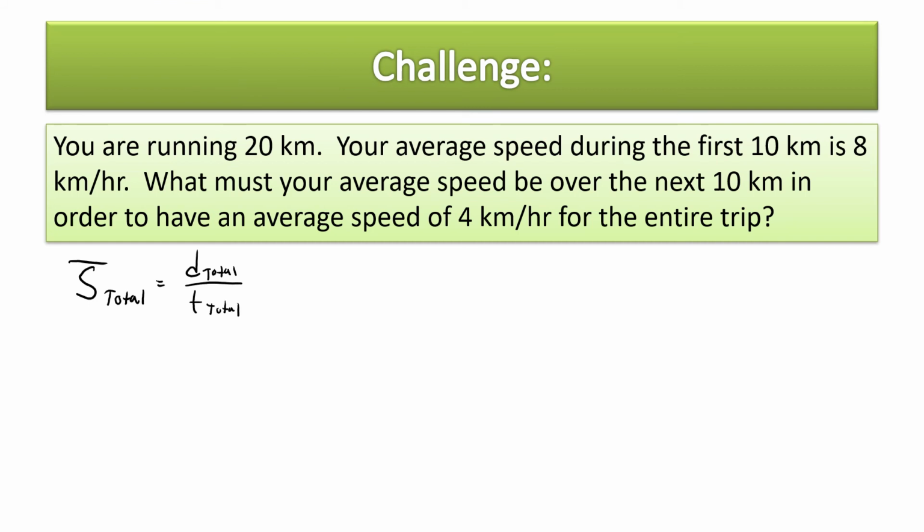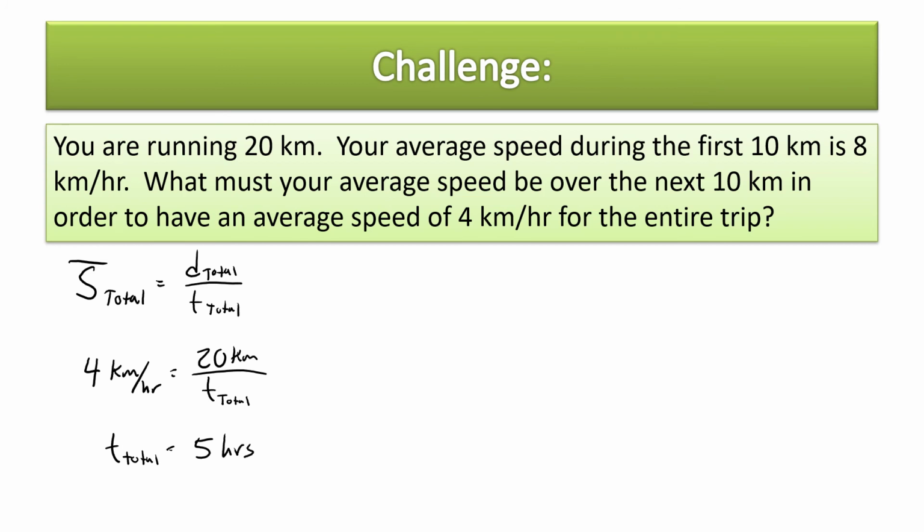Now we want the average speed to be 4 kilometers per hour, and the total distance that you're traveling is 20 kilometers. Just by looking at those two, that's going to tell you how much time it's going to take you total. So you cross multiply, you get 20 is equal to 4 times t. So the total time is equal to 5 hours.